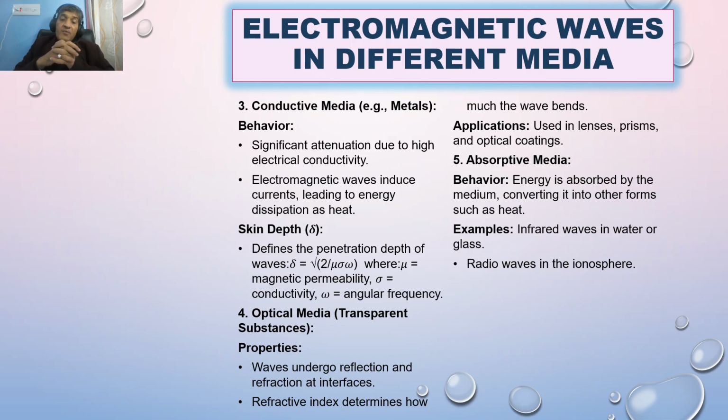Optical media, some transparent substances, the wave undergoes reflection and refraction at the interface. This is again a dependent property of the refractive index of a particular medium. Some examples of electromagnetic waves: infrared waves, radio waves, gamma rays, visible light.